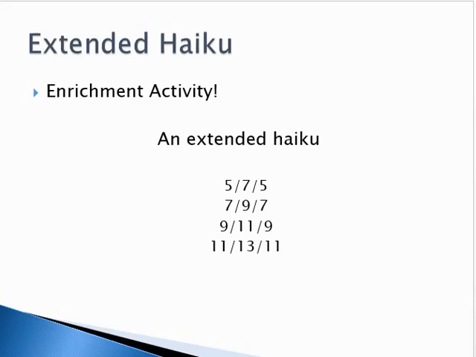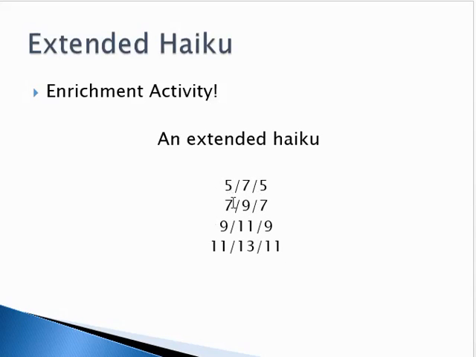There are going to be 12 lines in your poem, and they look like this: 5, 7, 5, 7, 9, 7, 9, 11, 9, 11, 13, 11. All one poem on the same topic, 12 lines. First line has 5, second, 7, third, 5. The fourth line has 7, the fifth line has 9, sixth line has 7.